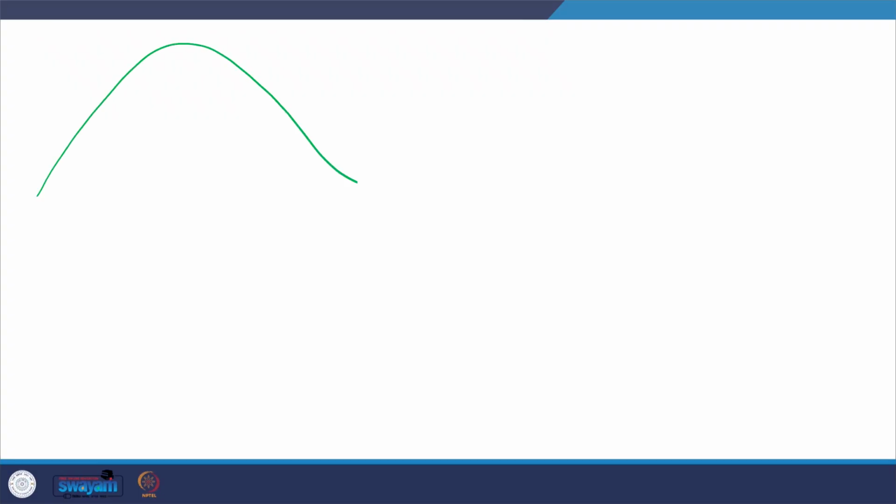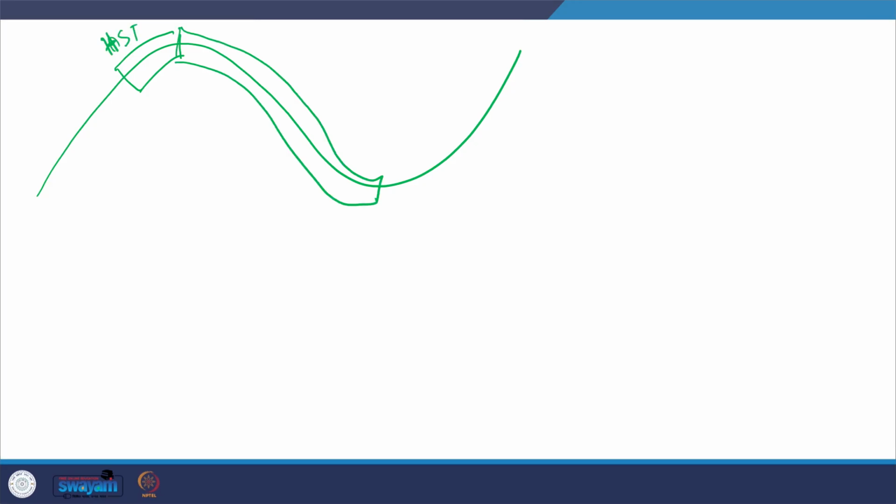If I refer back to this curve now, if this is the base level curve, we already know that this part is the HST, followed by this entire zone which is the FSST, and then this portion is the LST. So, this is LST, this is the FSST, and this is the HST.